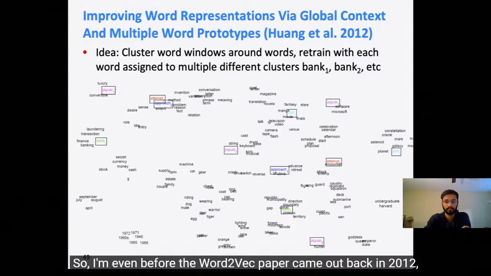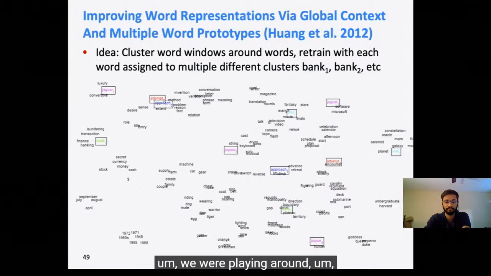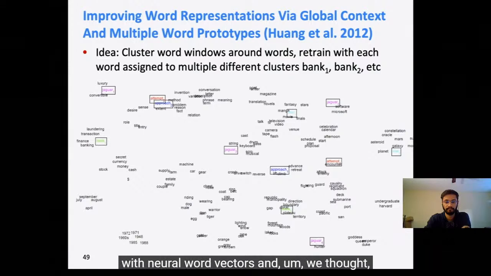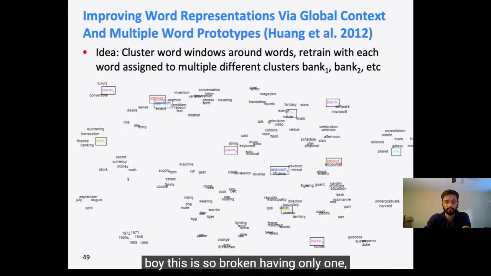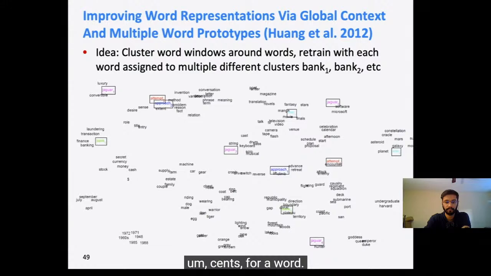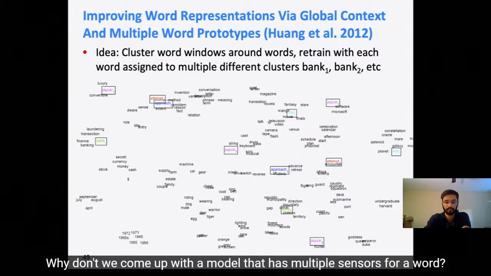So even before the Word2Vec paper came out, back in 2012, we were playing around with neural word vectors, and we thought, boy, this is so broken, having only one sense for a word. Why don't we come up with a model that has multiple senses for a word?